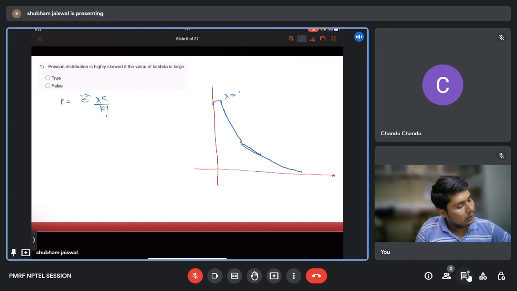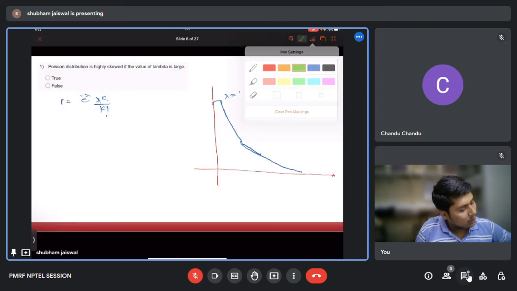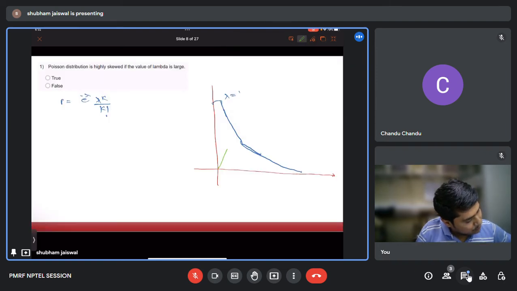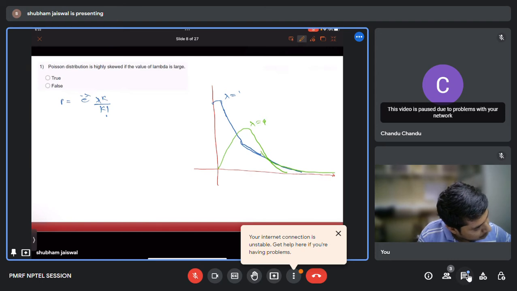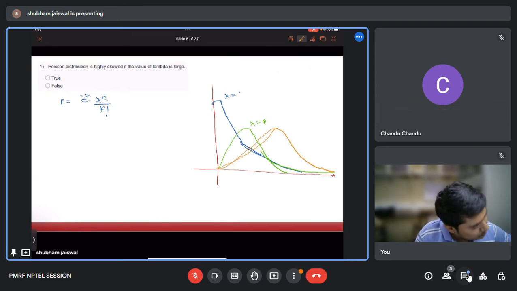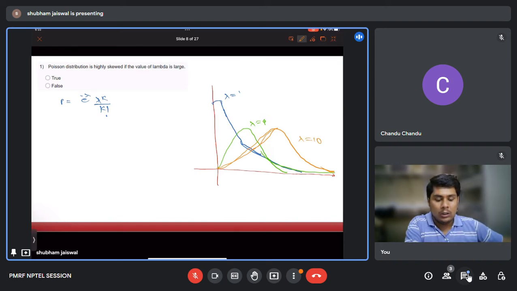Let's consider this is lambda equal to, let's say, 10. Okay.